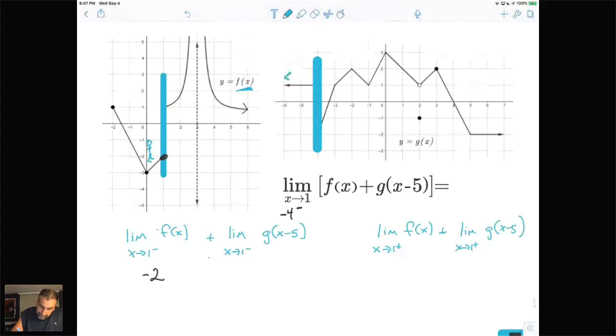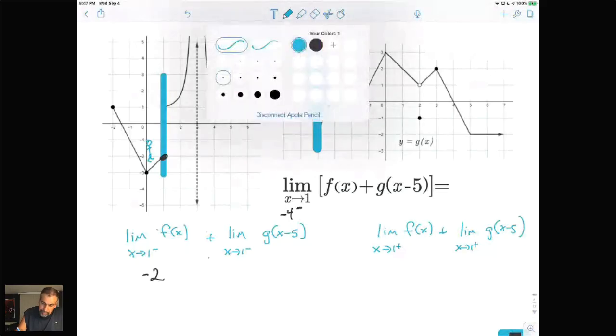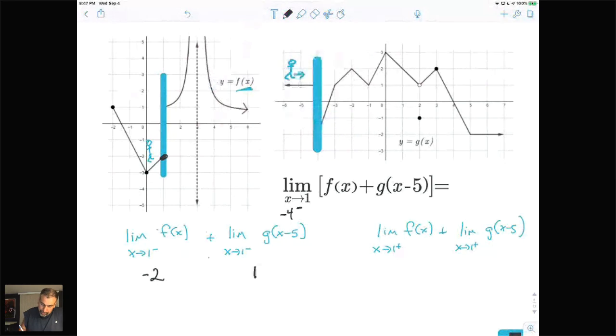That means I'm putting someone walking along this way, and every point along the line, he's getting an output of 1. So he's going to go with the value of 1. When we add these two together, our answer is going to be -1. So for the left-hand limit on this one, we've got an answer of -1.